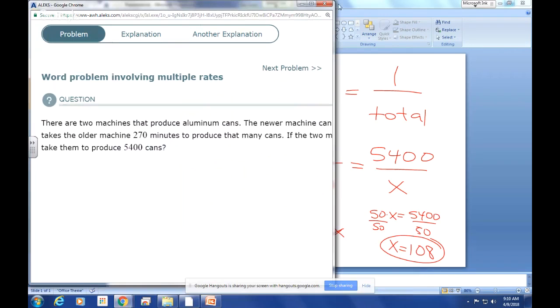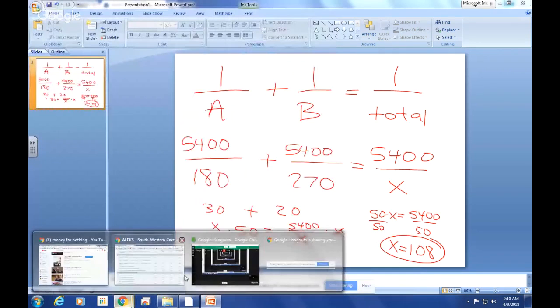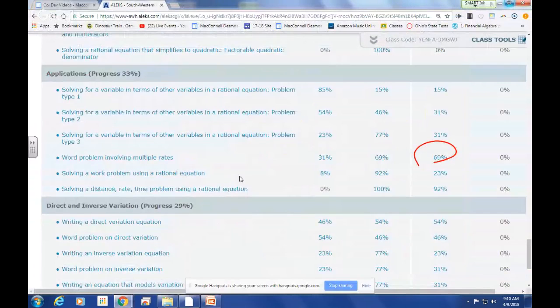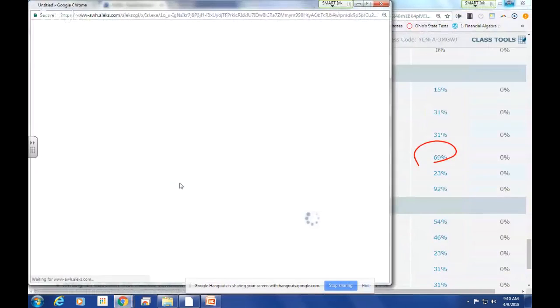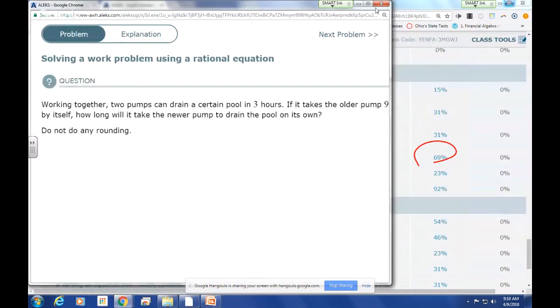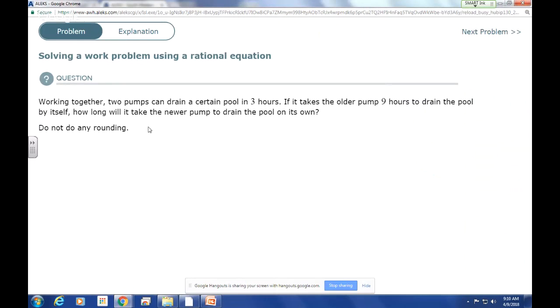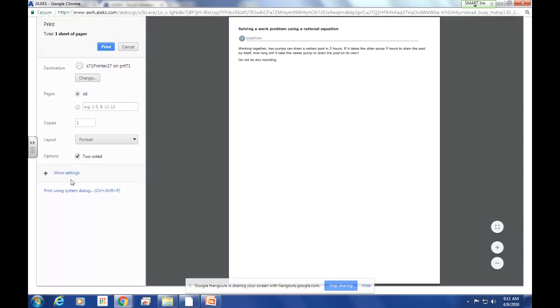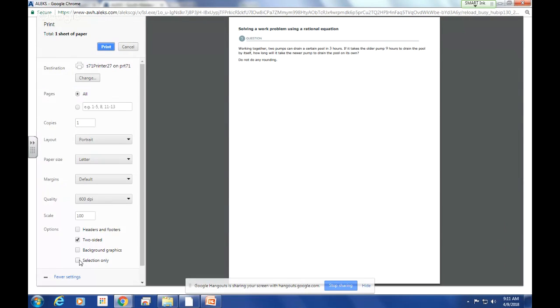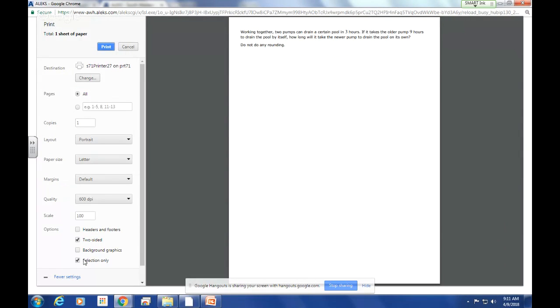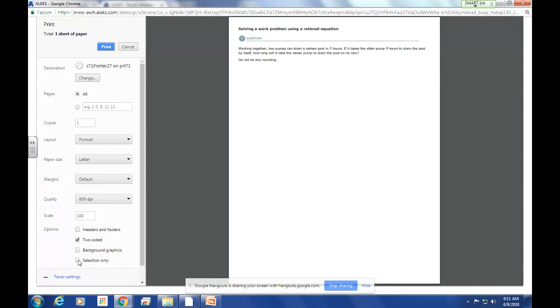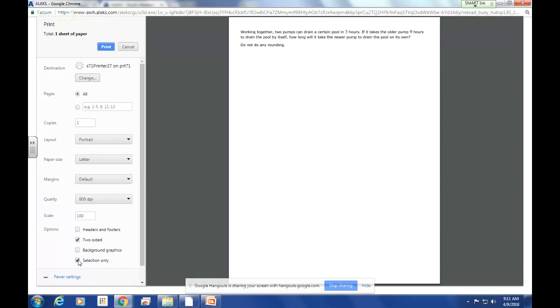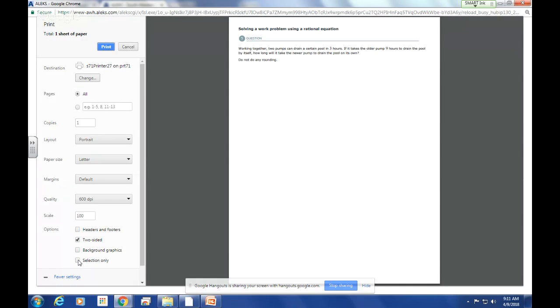And back to here. Where do I cut it? Nine hours during the pool.